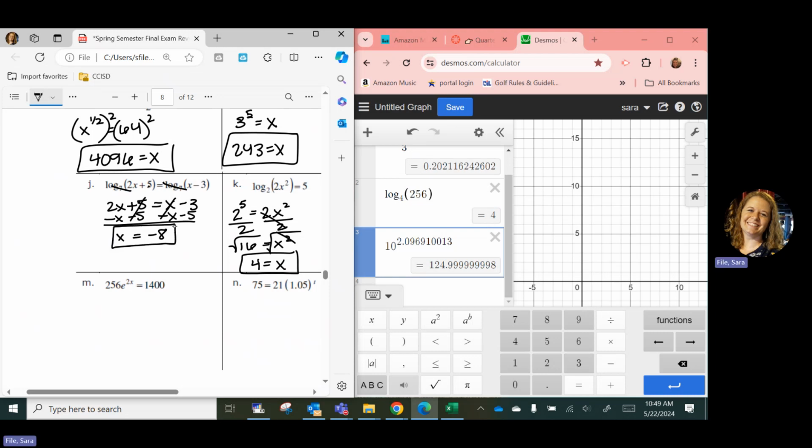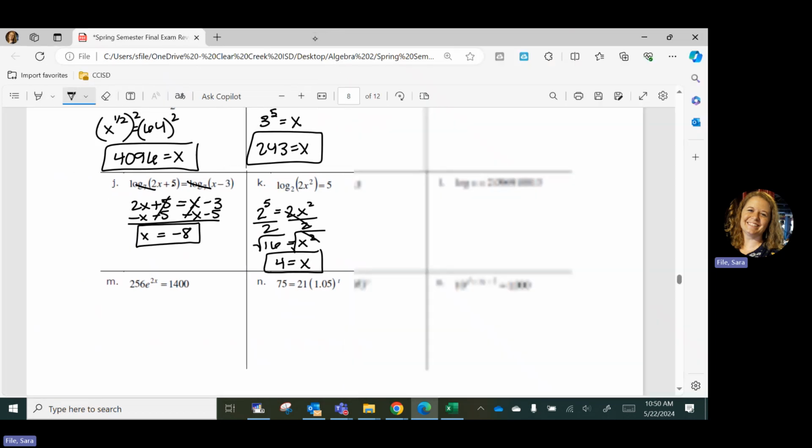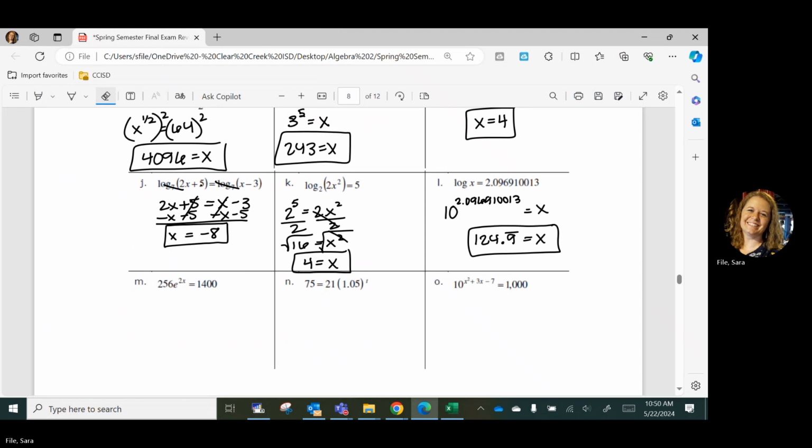Now we do want to make sure that when we go to plug these in, that it works, meaning it's actually part of the domain. So here, if I were to check this, I deleted the box because when I go to plug in -8, if I do -8 minus 3, I get -11.